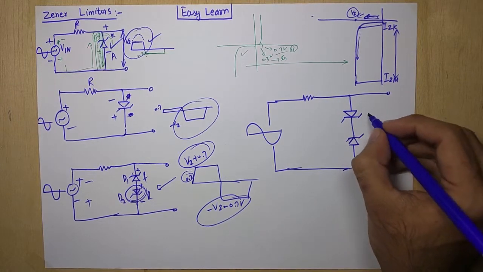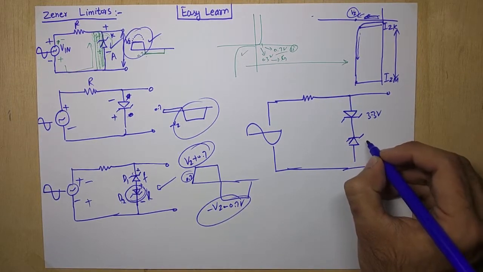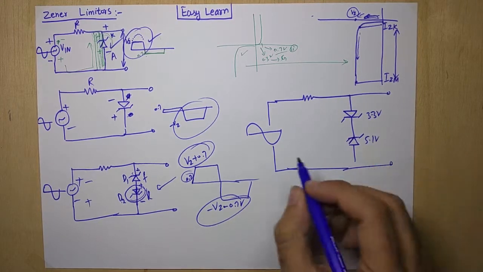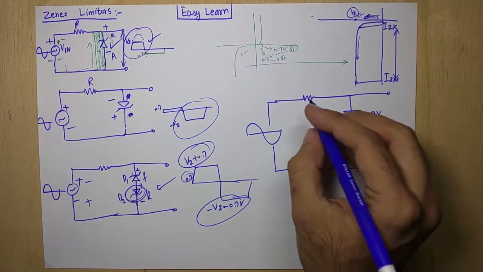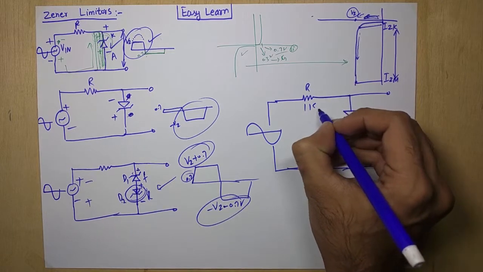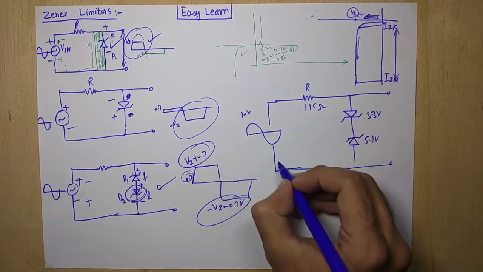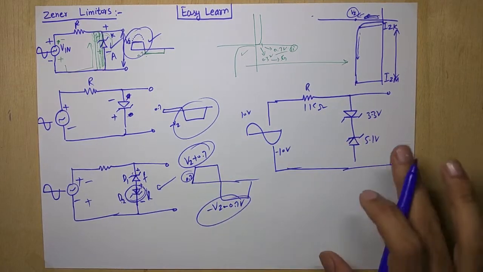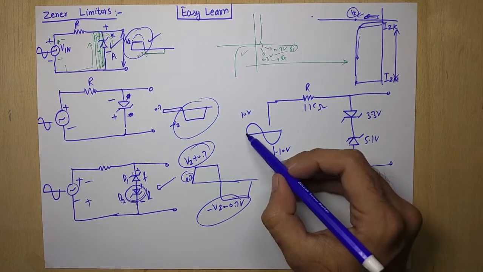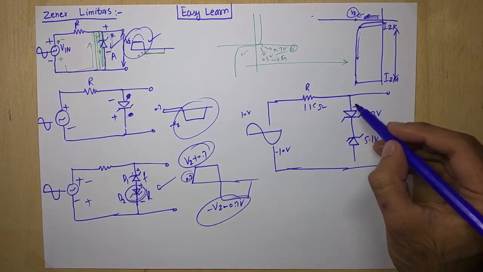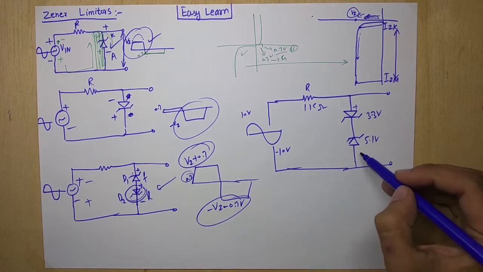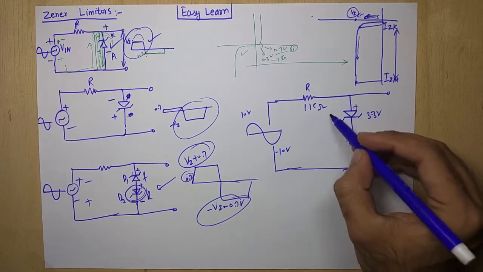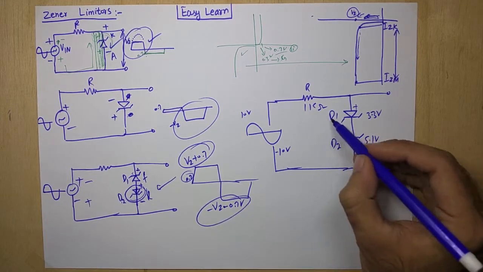This is a 3.3 volt and this is a 5.1 volt regulator, Zener diode. This is R, that is 1 kilo ohm, with 10 volt and minus 10 volt. What happens at the output side? When the first positive peak starts, the positive reaches here and the negative reaches here. This is D1 and this is D2.